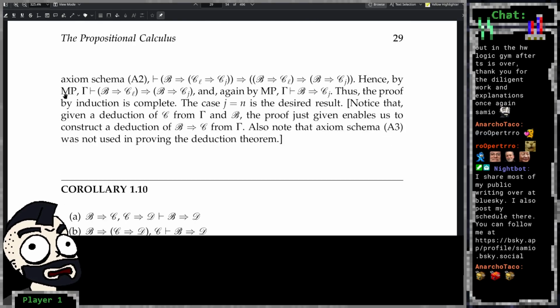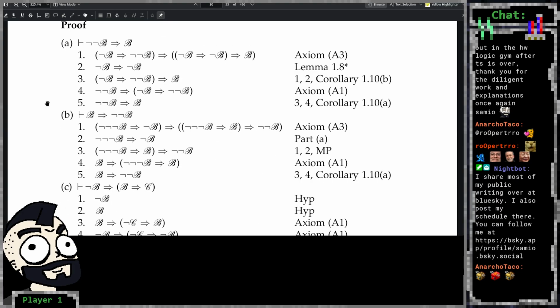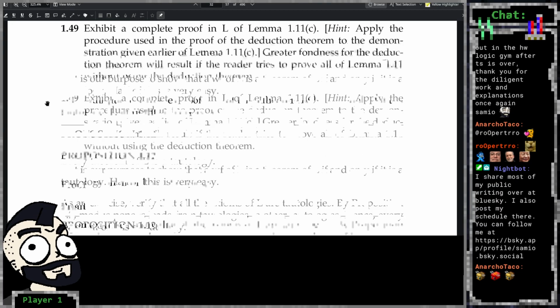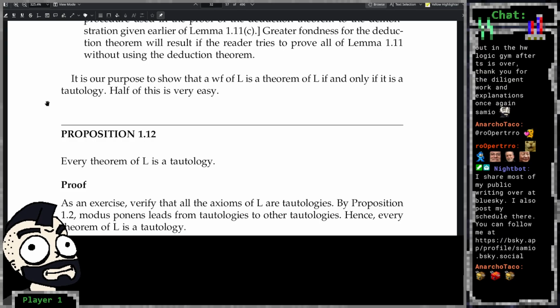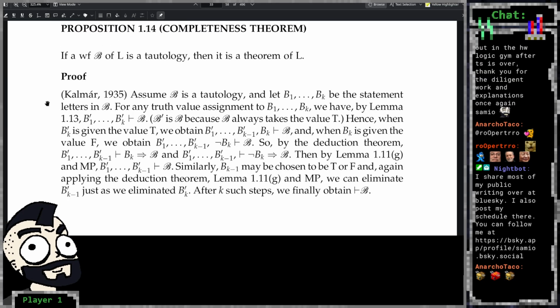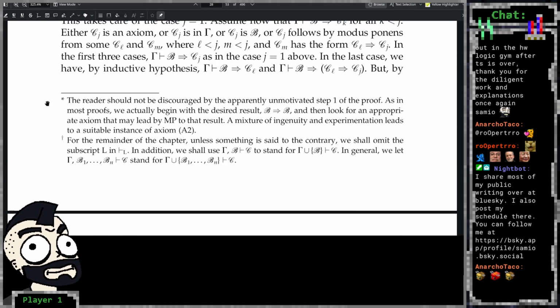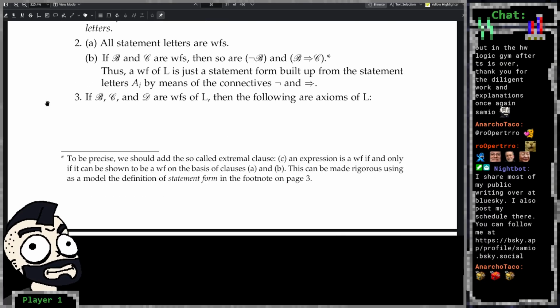We're gonna learn through something called natural deduction. Oh god, okay, we're gonna have to use another book, because this one does not use natural deduction.